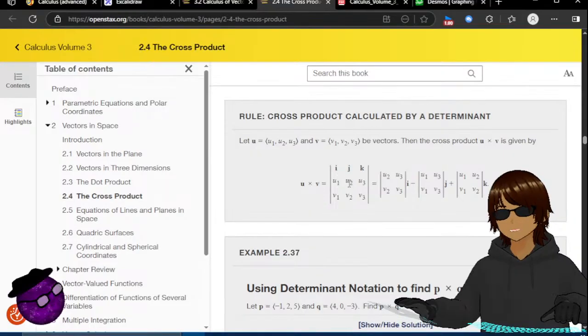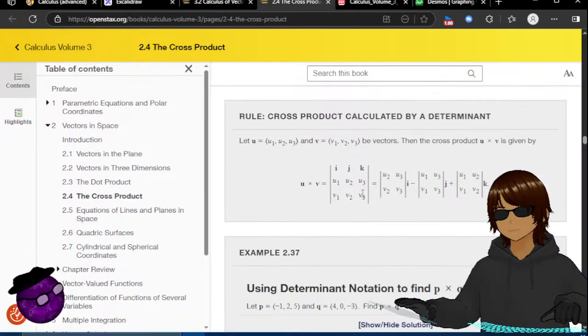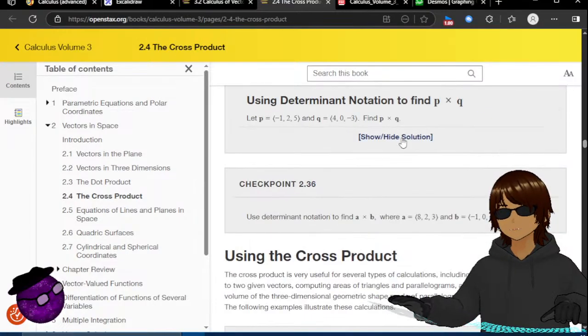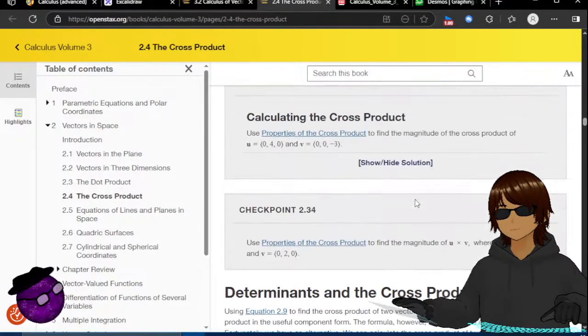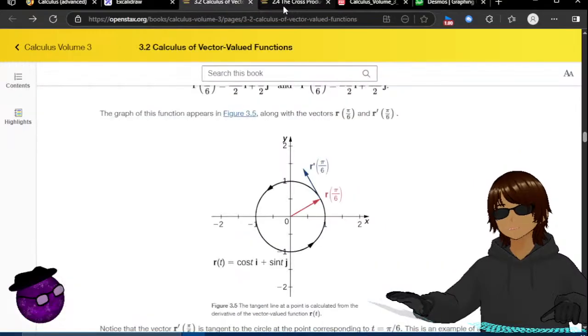Yeah, this times this, minus this times this. And then for j, normally it's from here to here, but because there's a minus sign, it would be flipped. It would be v1 times u3, then minus it with u1 minus v3. Okay.